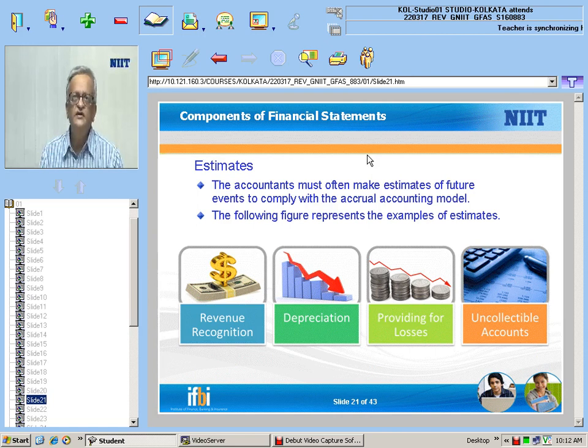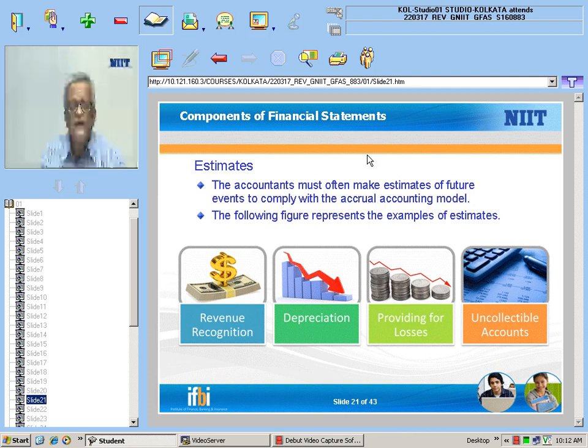Now, estimates. We have already discussed estimates, and this is one of the important accrual basis items. As you can see in the figure, revenue recognition is also an estimate.